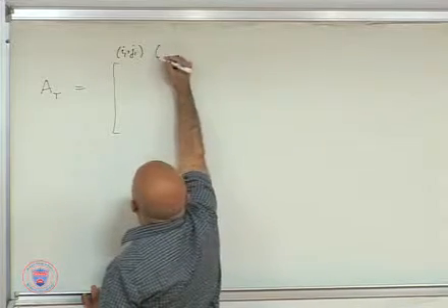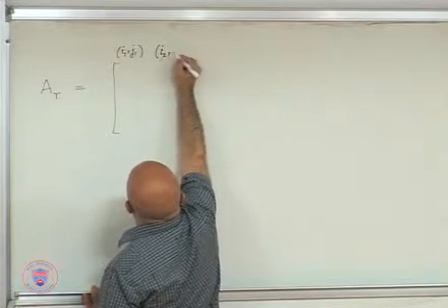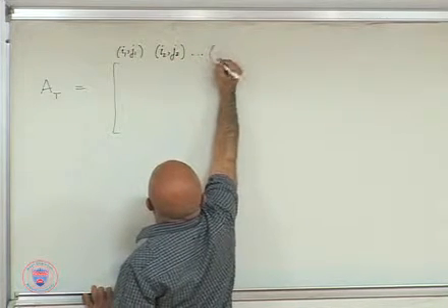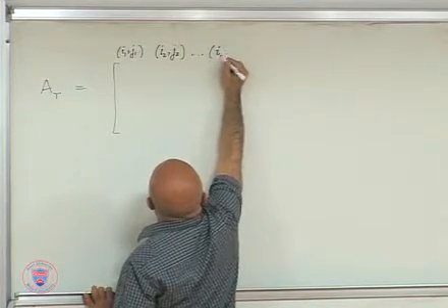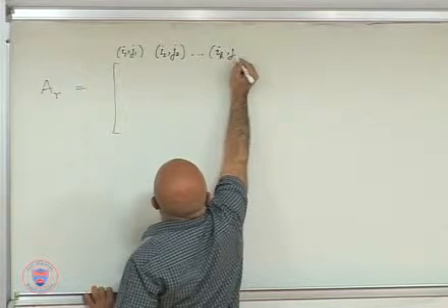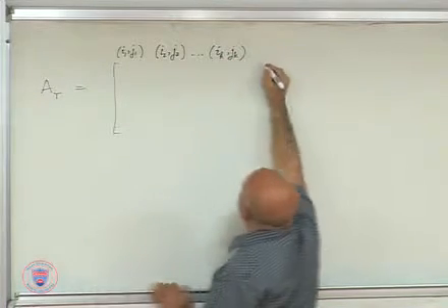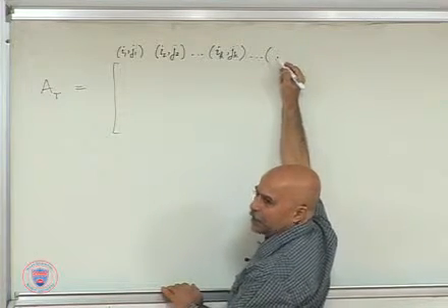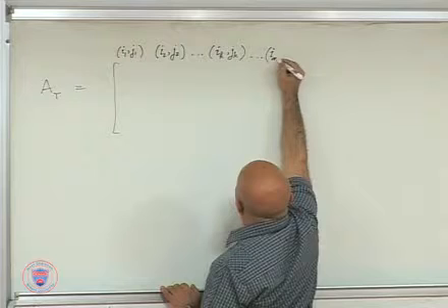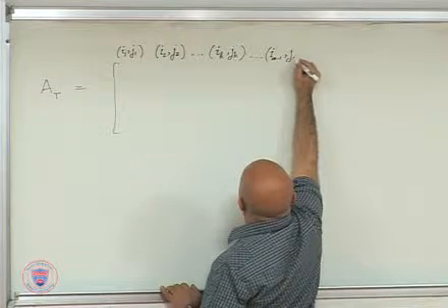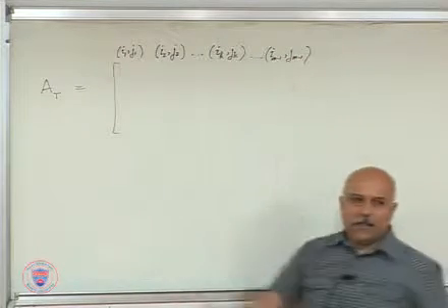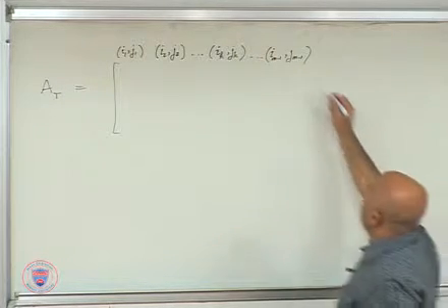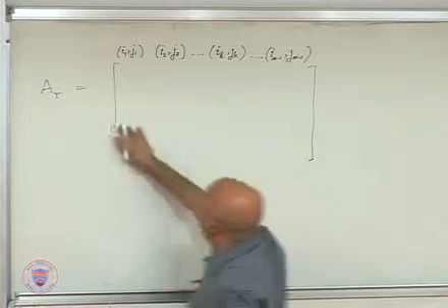And then the second colored arc will be the second column, etc. The kth colored arc will be the kth one. This goes on up to m minus 1, because the tree has exactly m minus 1 arcs in it. So this goes on like that.